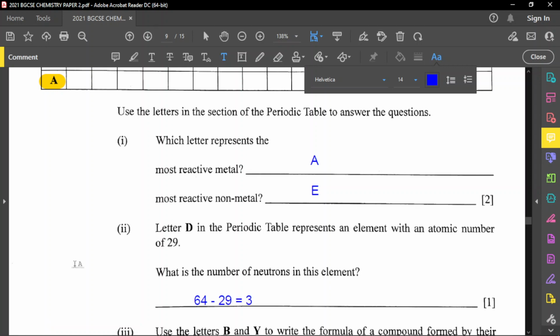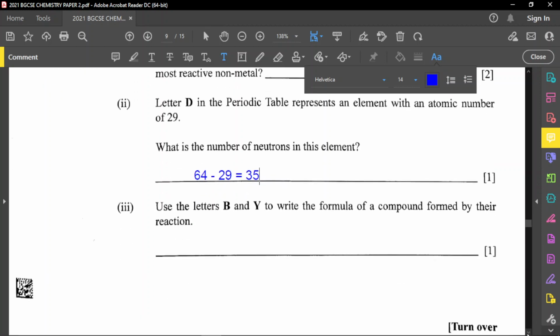So the number of neutrons there is 35. Remember, the mass number is the protons plus the neutrons. So to find the neutrons, it is the mass number minus the number of protons, or the atomic number. Atomic number is the same thing as number of protons.